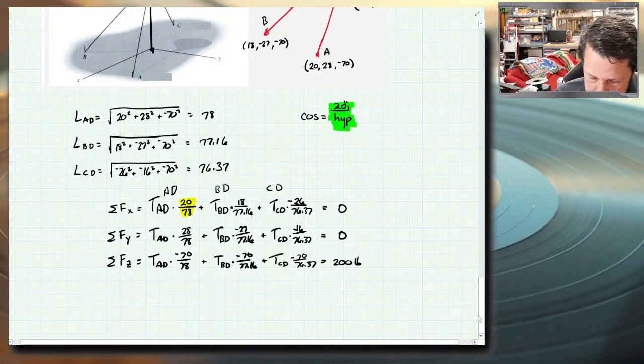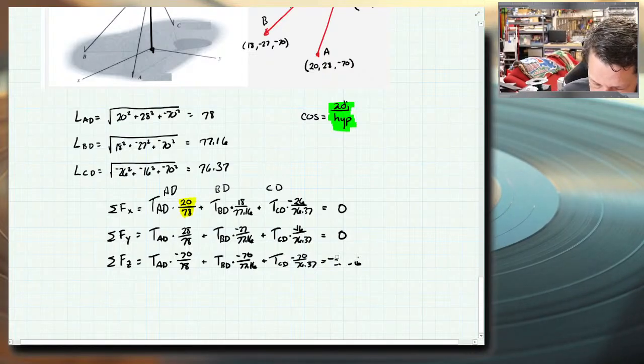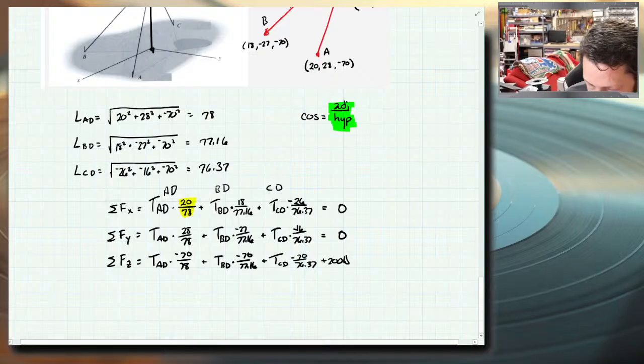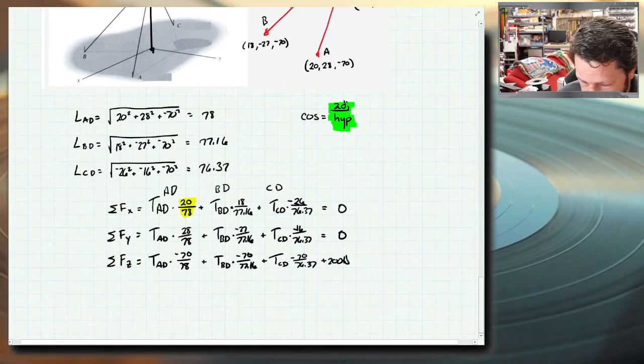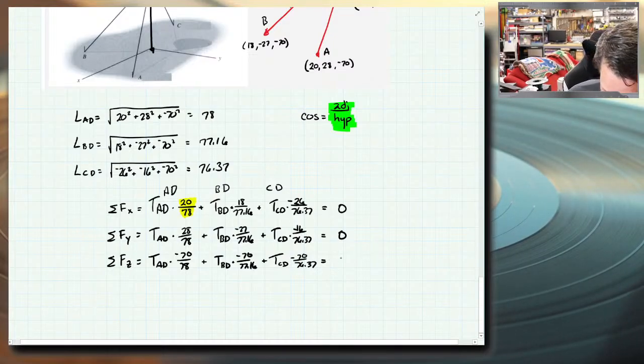So this would actually equal a negative 200 here, because if you wrote your equation, summation of forces in the z direction equals 0, I have all of these negatives plus 200 pounds because it is going upwards in the positive z direction. And when I move that to the other side of the equal sign, that becomes a negative 200. So it actually equals negative 200 pounds.